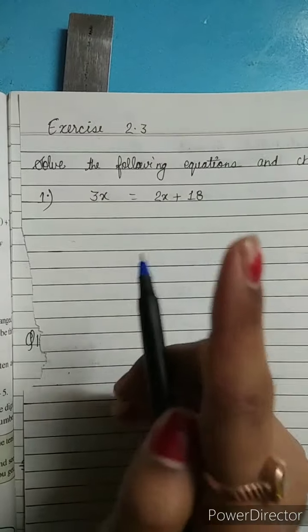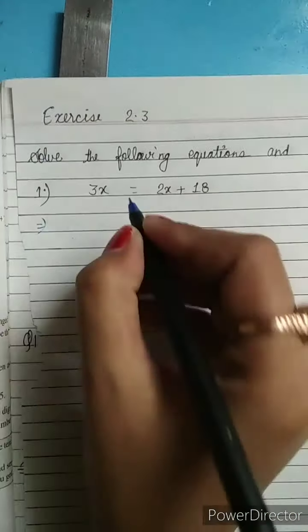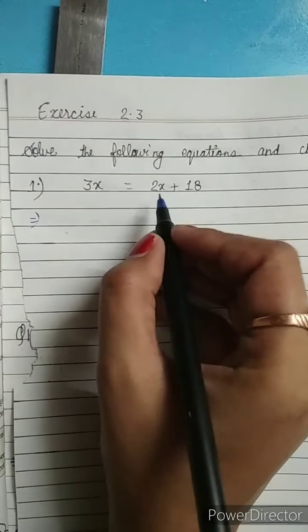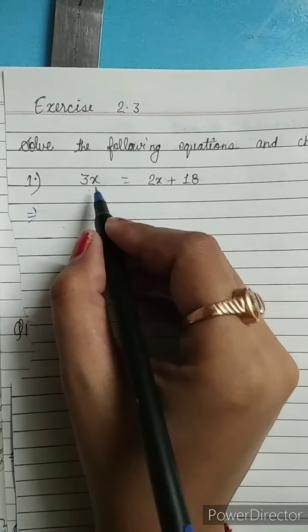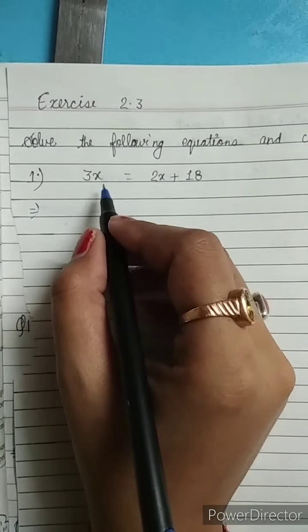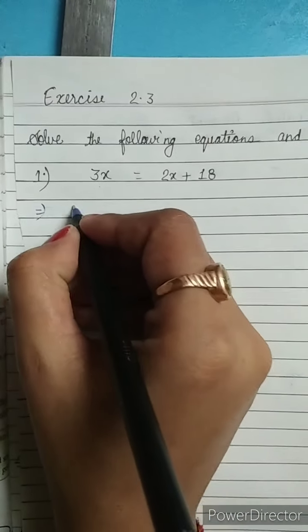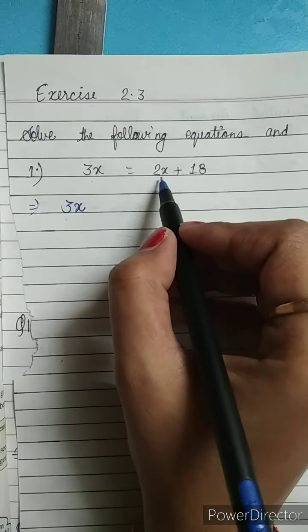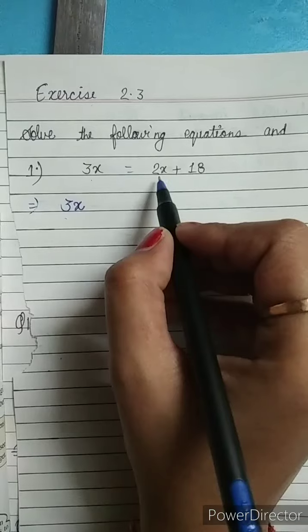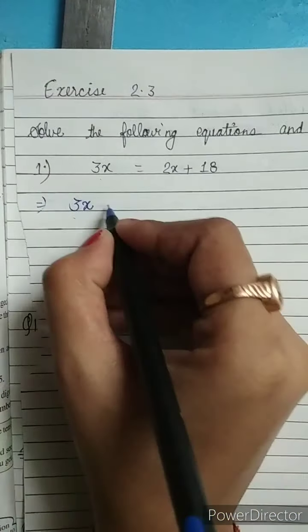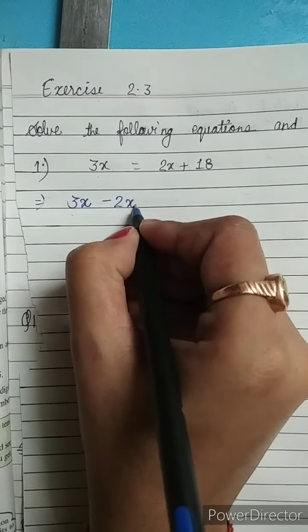We have only one variable, that is x, so we will combine the x terms together. Here, 3x is equal to 2x plus 18. So 2x will come near to 3x. Then, in the previous equation 2x is positive, so when it goes to the other side it will go as a negative.